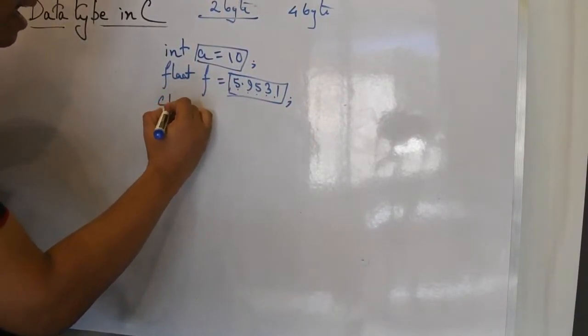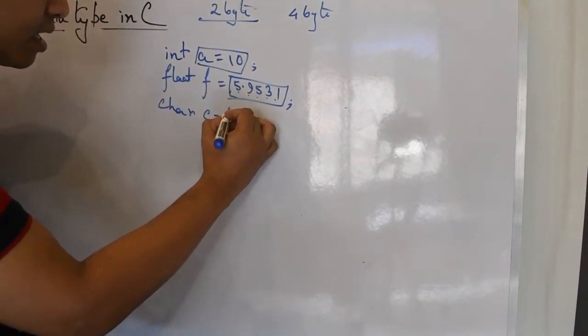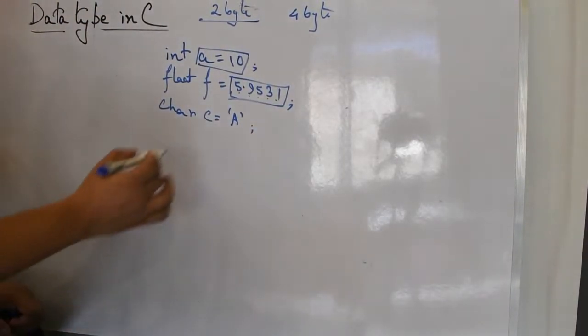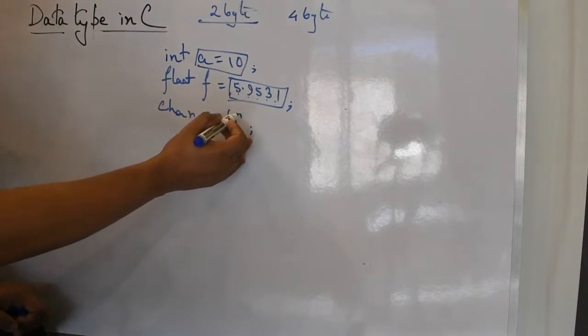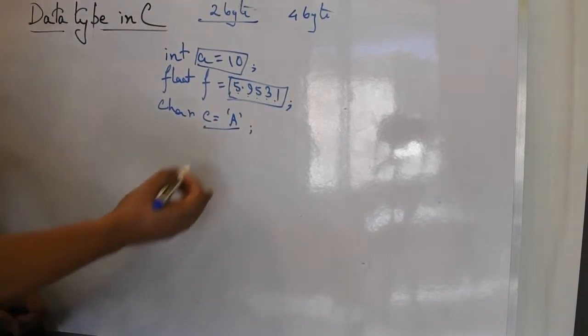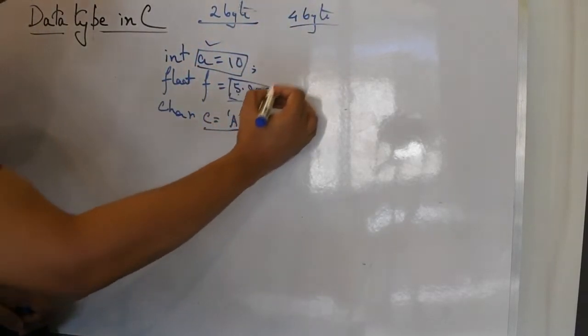Similarly, for char you are writing c equals capital A. For this you do not require 2 bytes or 4 bytes, you require only a single byte.